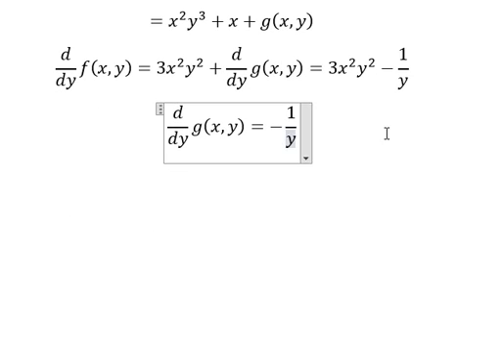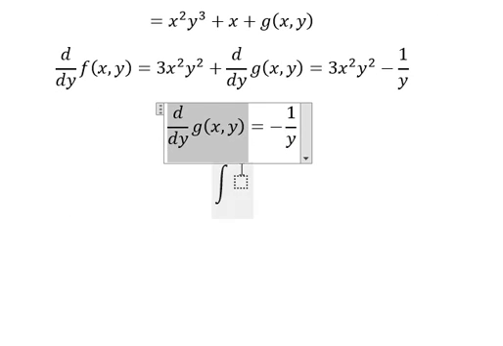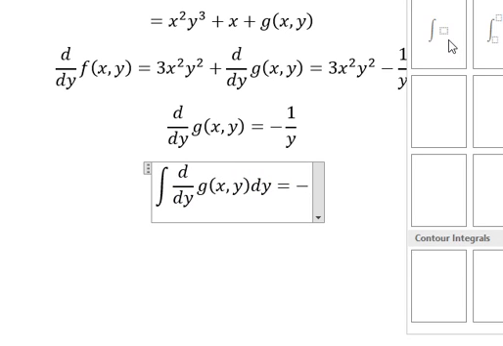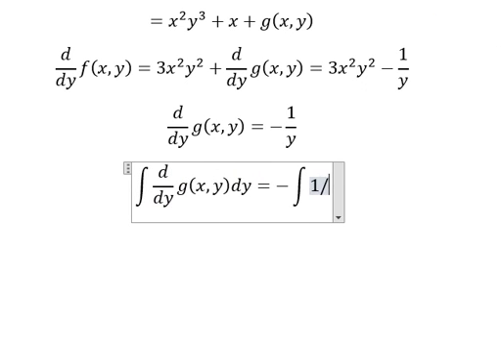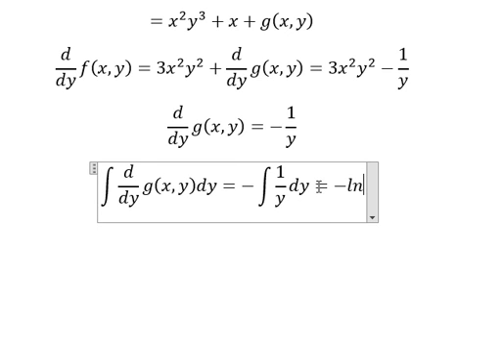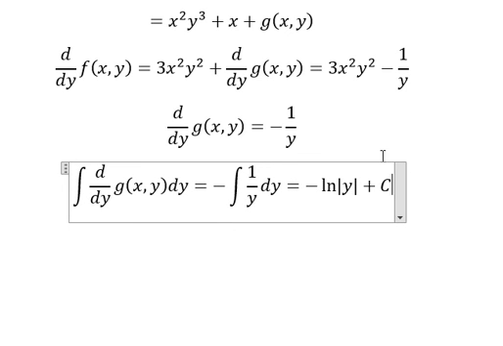Next, we need to integrate both sides. And we have negative ln of the absolute value of y, and I will put c.